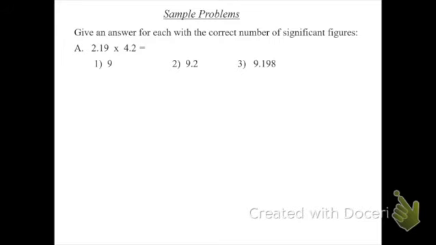Yes. It's only going to be 2 significant figures. The first one has 3 significant figures. The second one has 2 significant figures. So the answer has to have 2. So far, the only option that has 2 significant figures is 2.